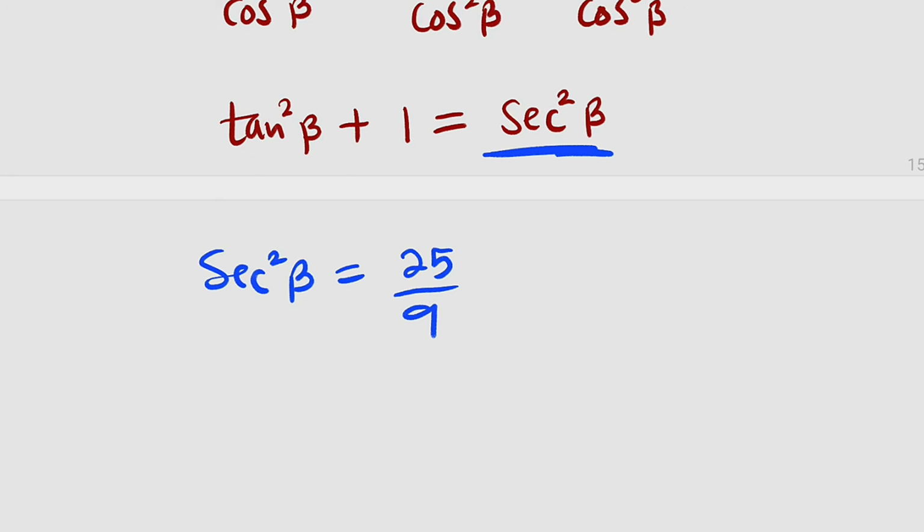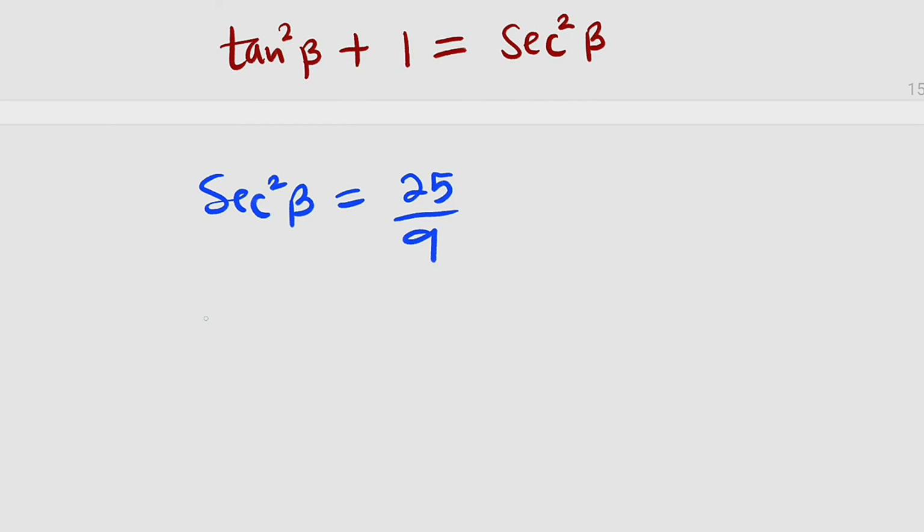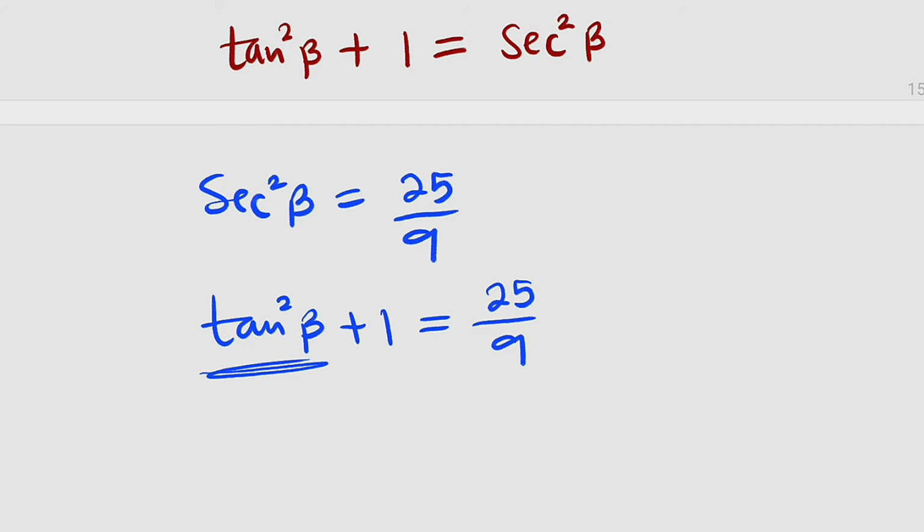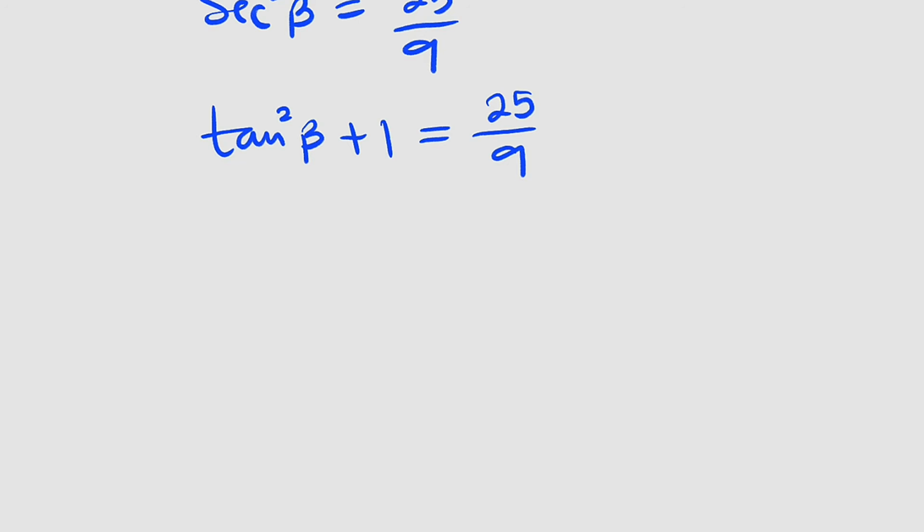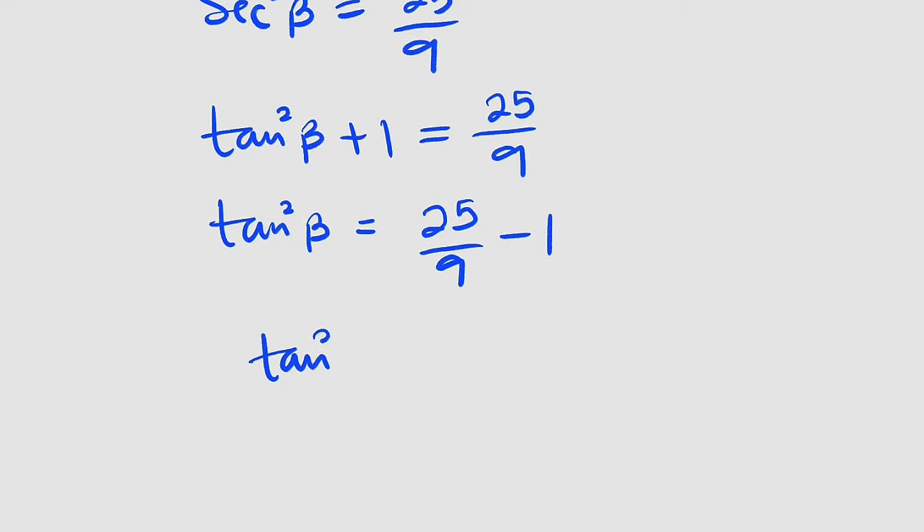So instead of secant squared beta, we can replace it with tangent squared beta plus 1, and this remains 25 divided by 9. Our main goal is to get tan beta, so let's make it the subject. Tan squared beta is equal to 25 divided by 9 minus 1 if you subtract 1 from both sides. Tan squared beta will be equal to 16 divided by 9.